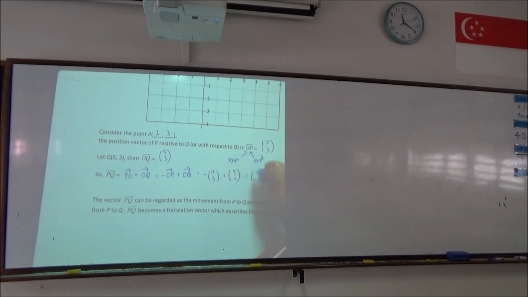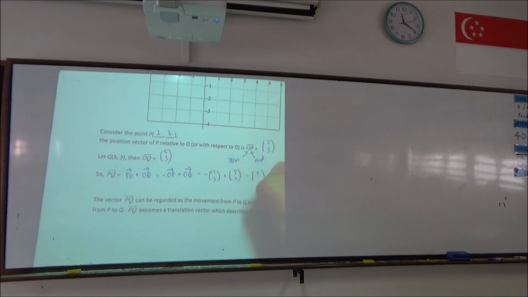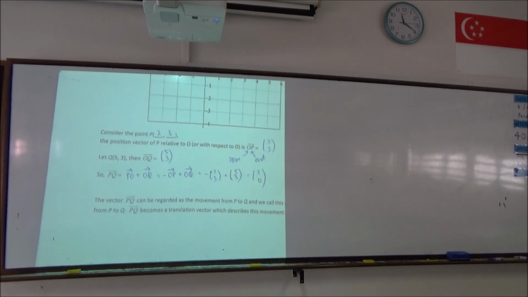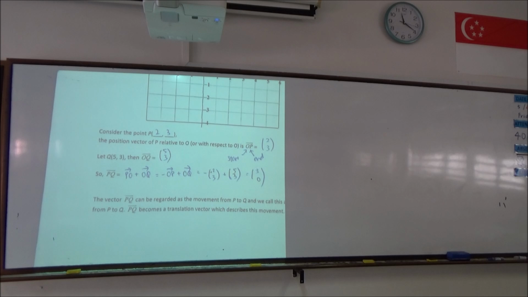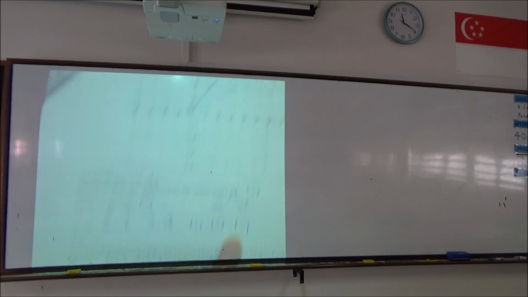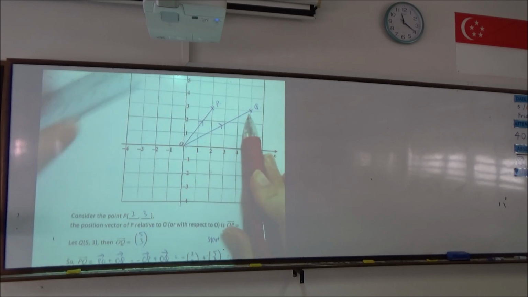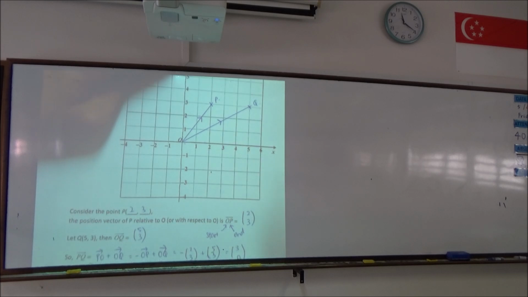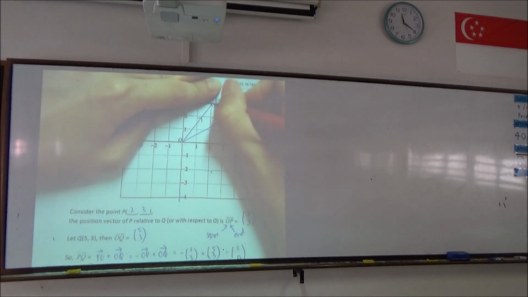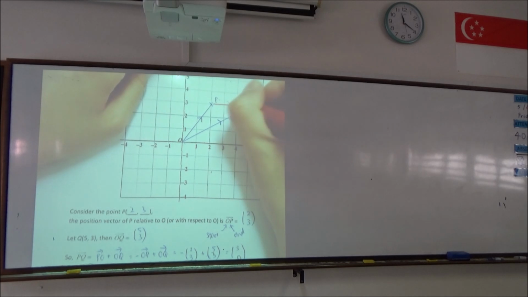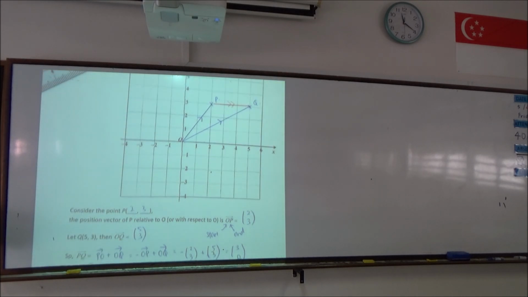That will give us 3, 0. So 3, 0 is the same as how our drawing is done. If I look at this drawing, PQ refers to this one here, and that is 3, 0.